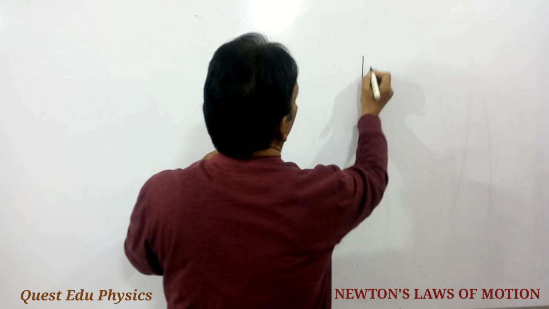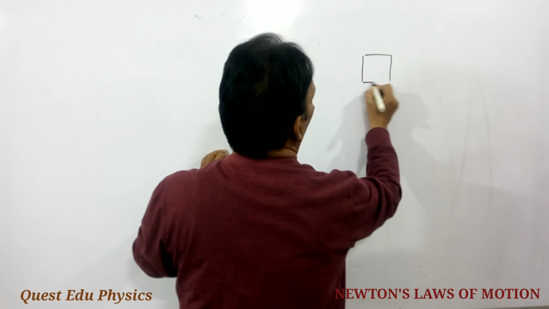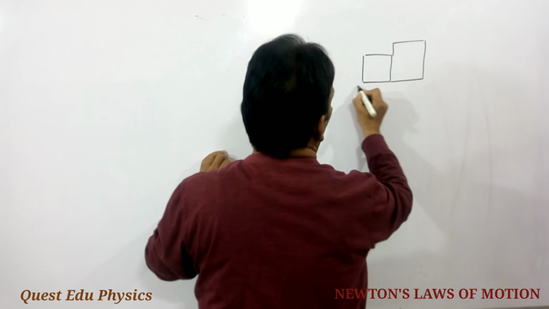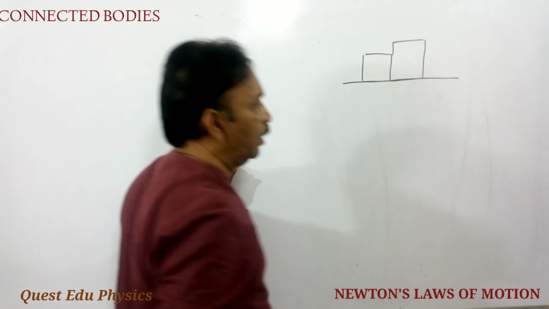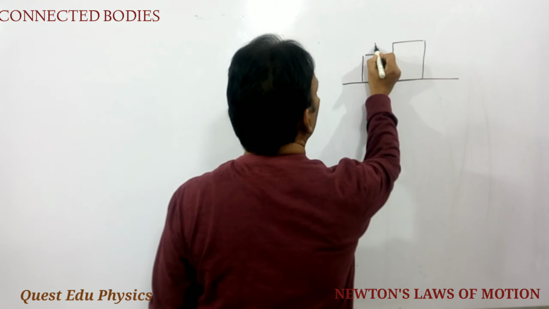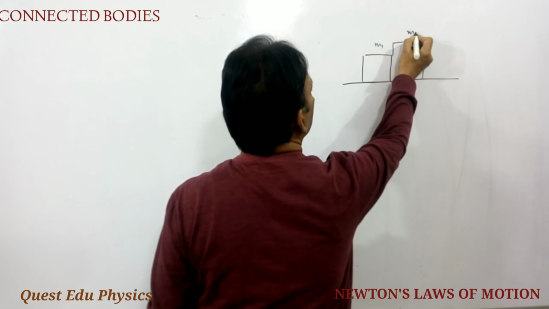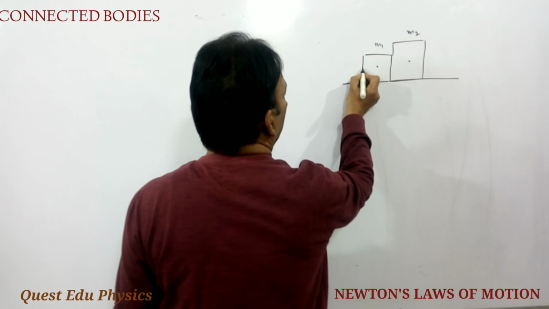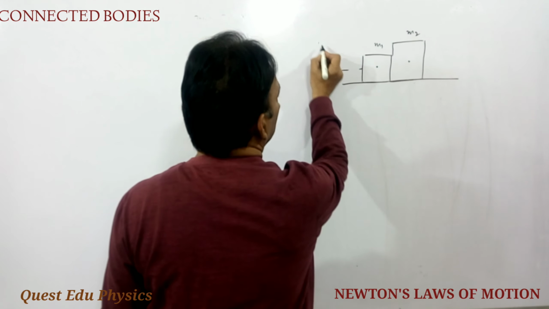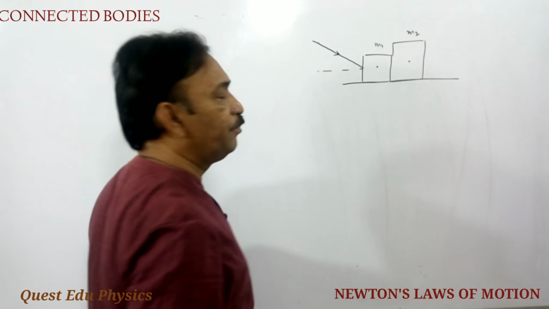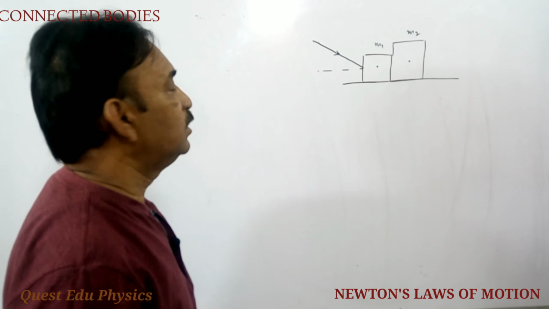Here, the same problem we are doing: a block 1, and we have one more block 2, kept on a smooth surface, and it has a mass of m1 and it has a mass of m2, and these are the centers of mass, and this is the line of action of the force. This time what is said, a force is acting in this way. Okay, students?